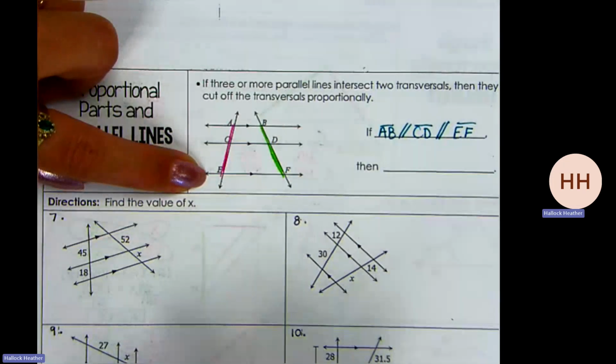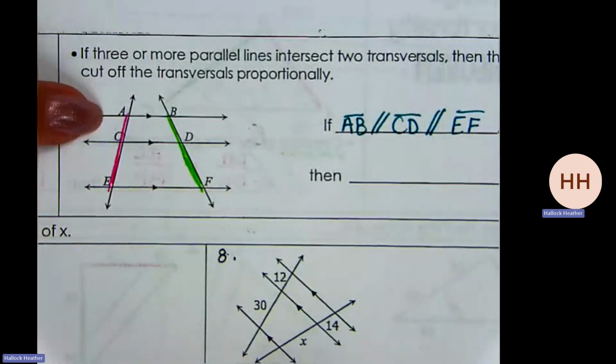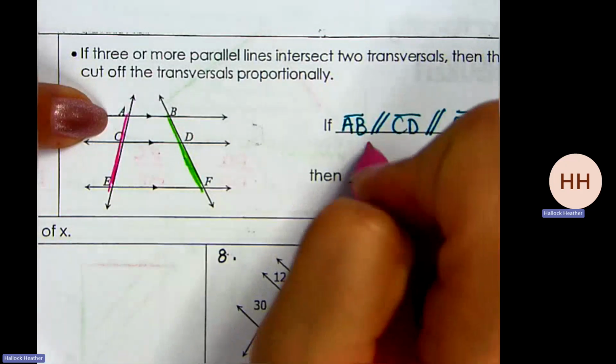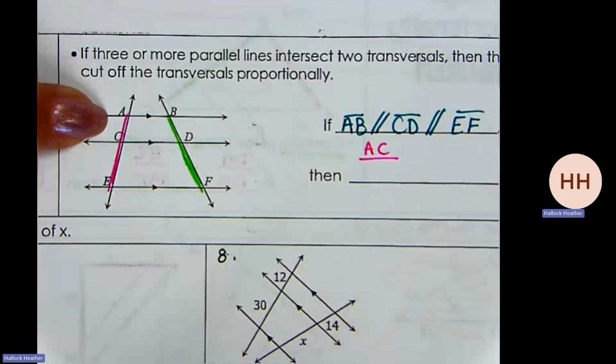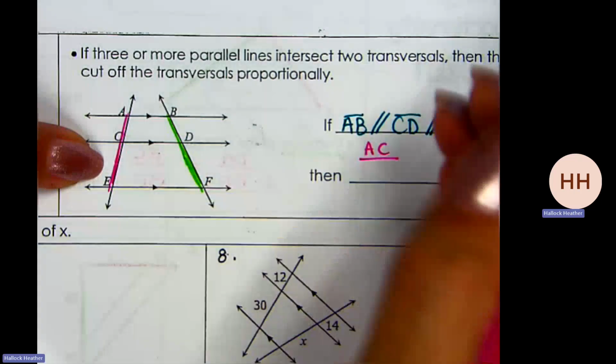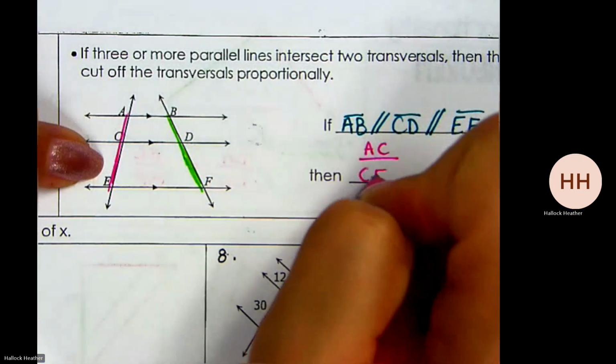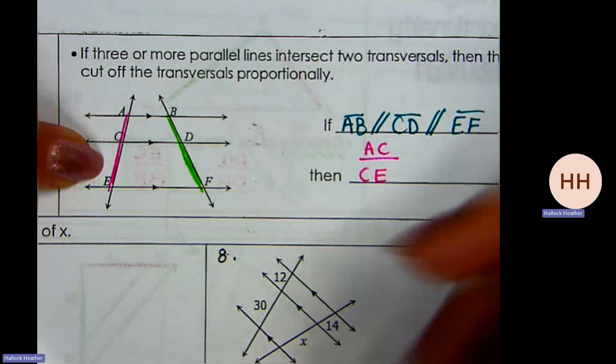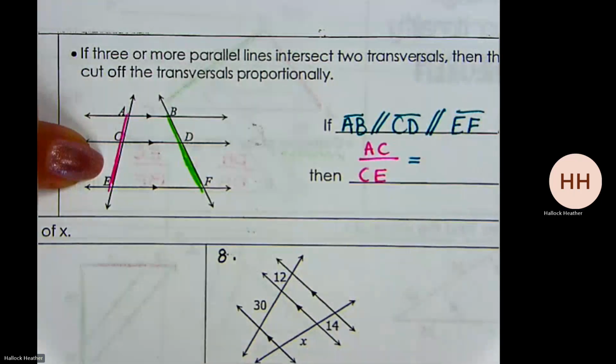How I write the first fraction has to determine how I write the second fraction. So let's just say AC is going to be divided by the same side, which is CE, with an equal sign in the middle.